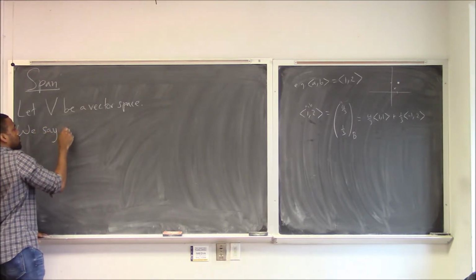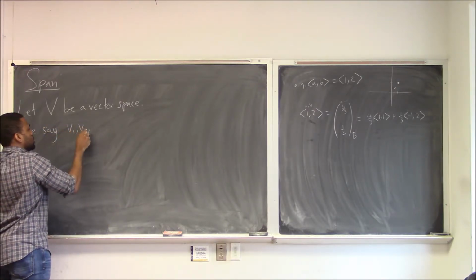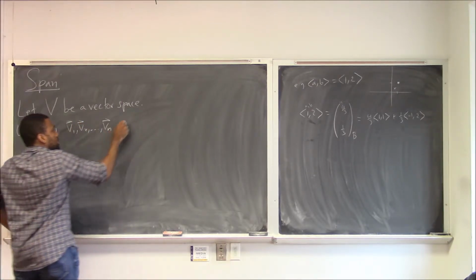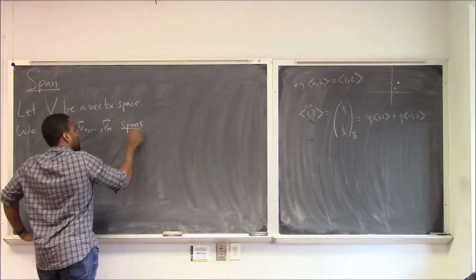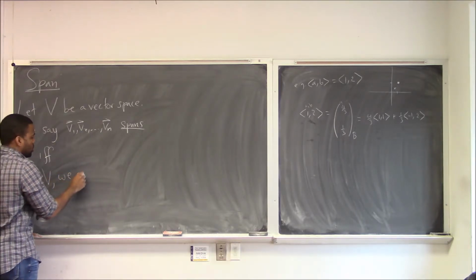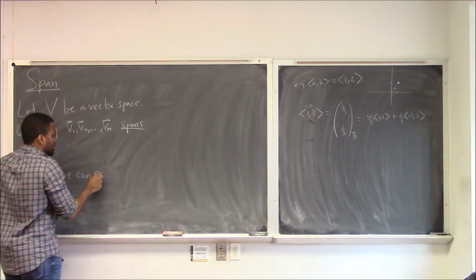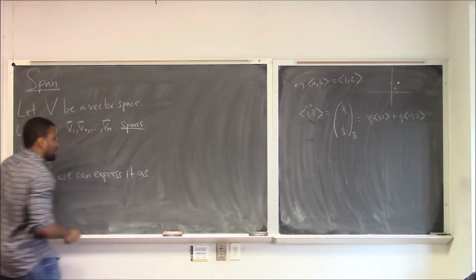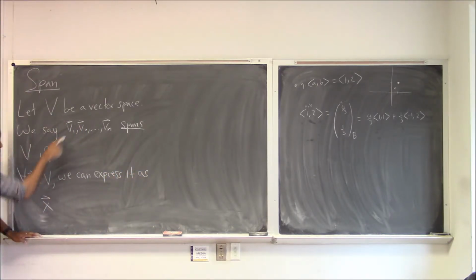We say V1, V2, ..., Vn spans V if for every element in V we can express it as a linear combination of these vectors.